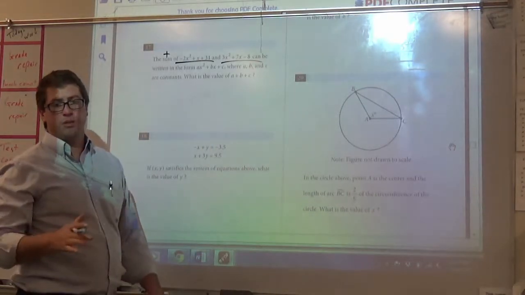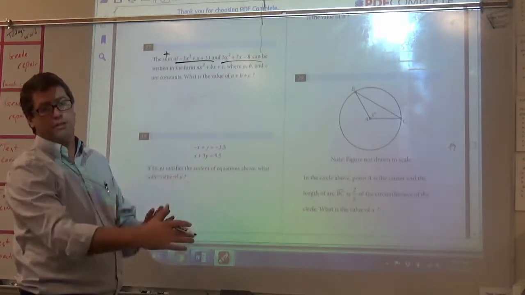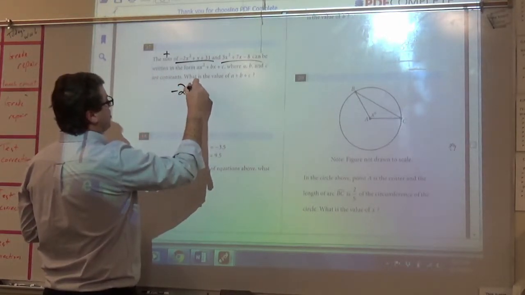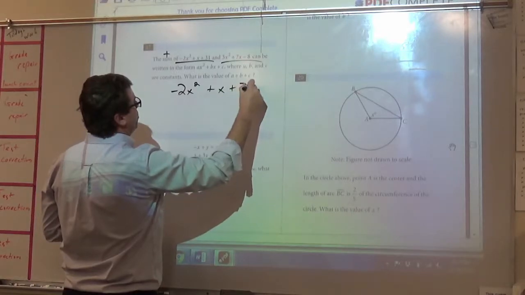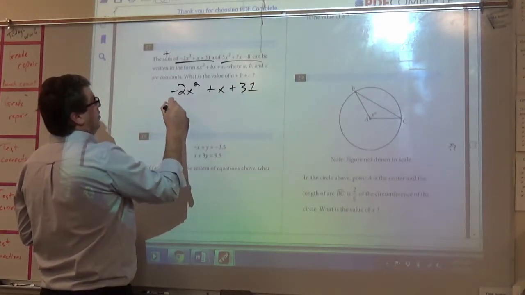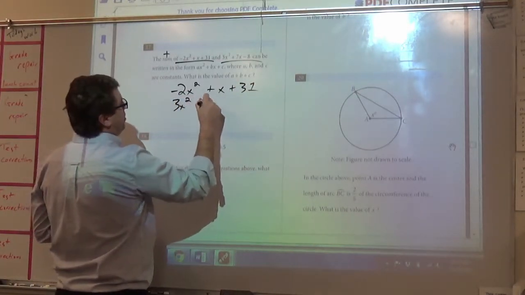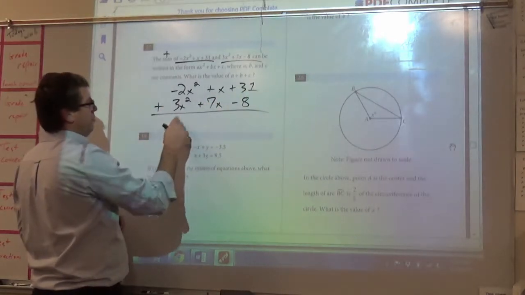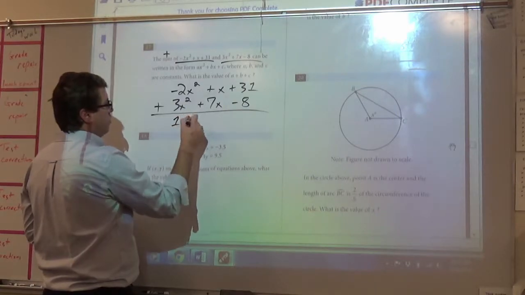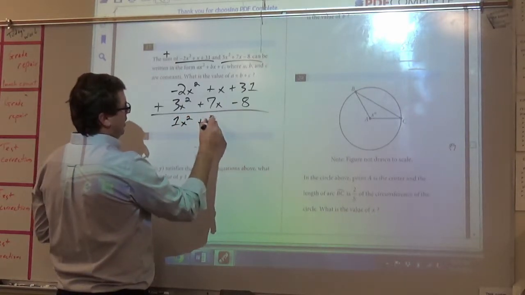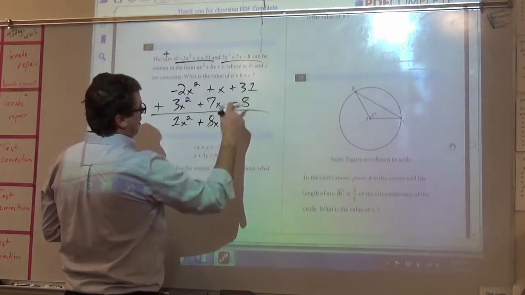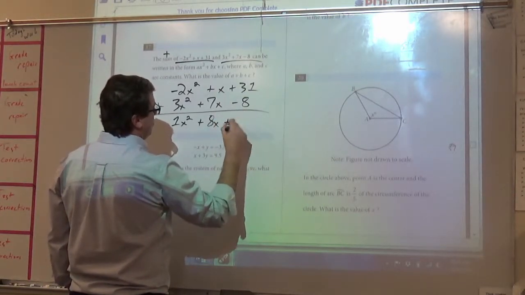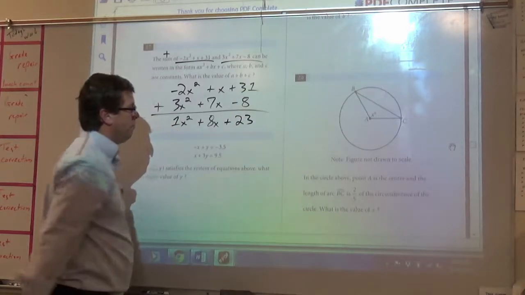So when we add them, we want to line up the x squareds, the x's, and the numbers, and then just add them. So negative 2x squared plus x plus 31, 3x squared plus 7x minus 8. So when I add them, I have 1x squared, I have 8x, and then here I have 23.